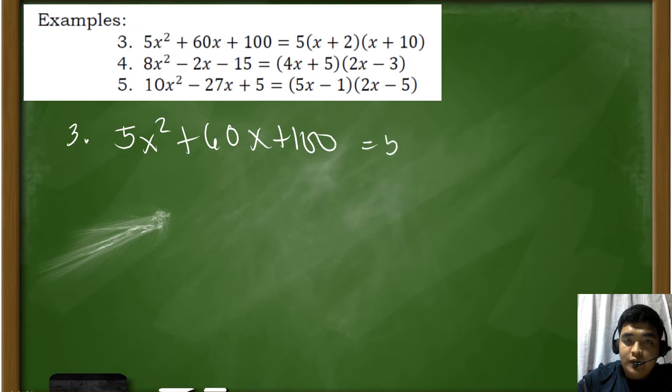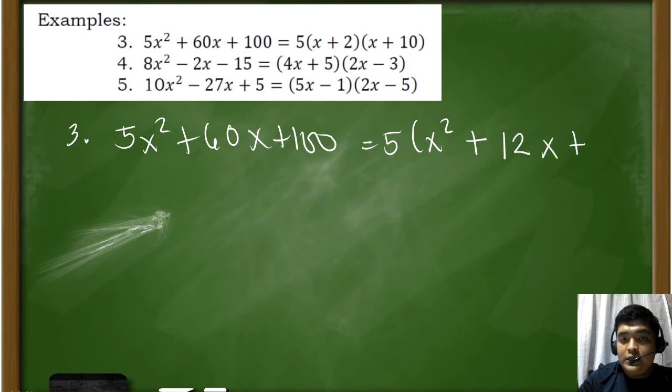So that is 5 times x squared plus, what is 60 divided by 5? That is 12, so 12x plus, what is 100 divided by 5? Oh, sorry, that is 20.